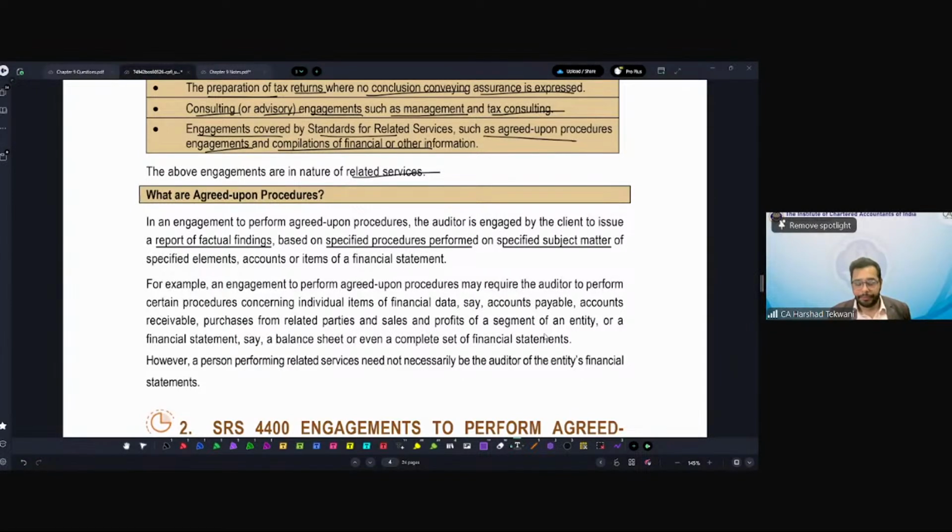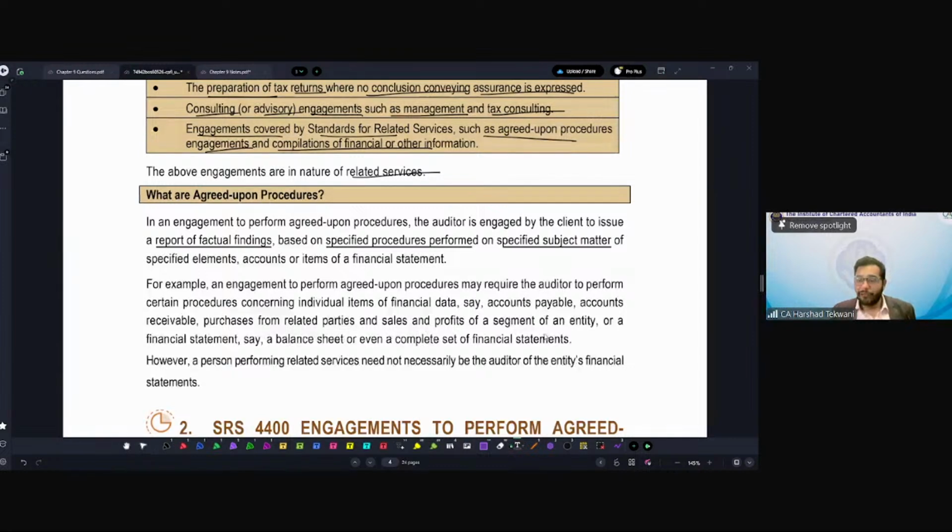For example, in case of an audit, you say that this financial statement appears to be true and fair. But when it comes to an agreed upon procedures report, I do not say this is good or this is bad. Let's say, for example, management asked me to issue a report calculating a particular ratio.